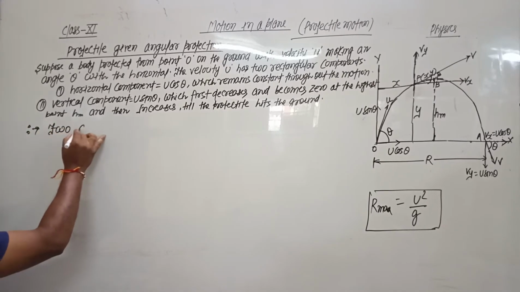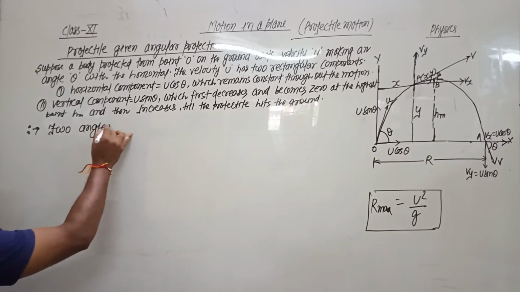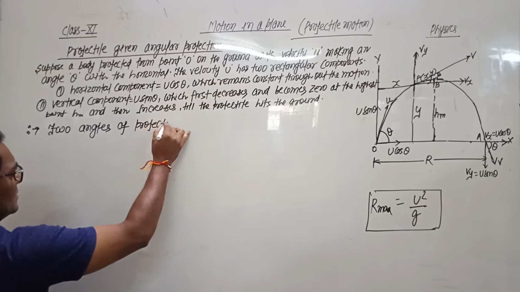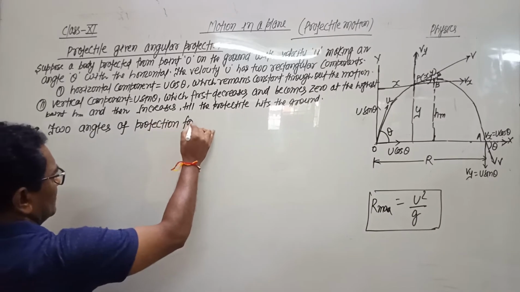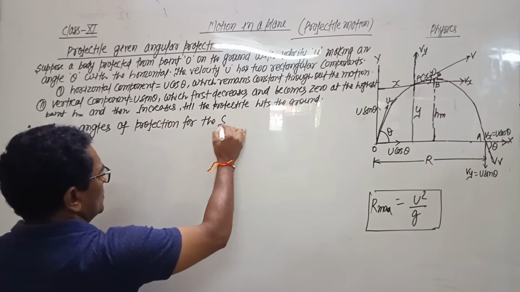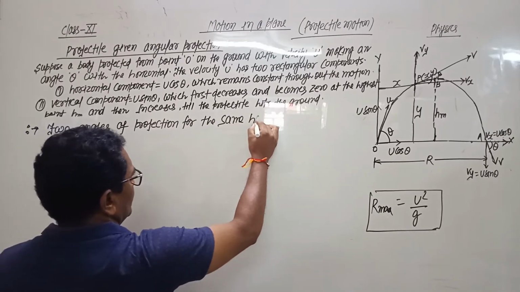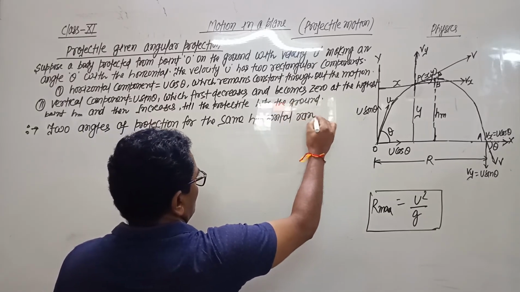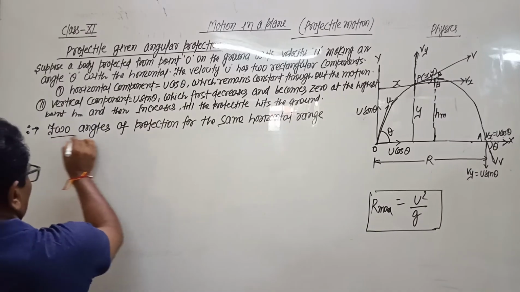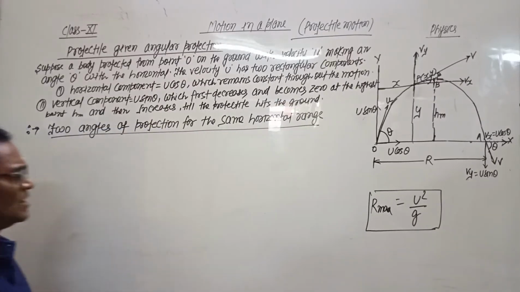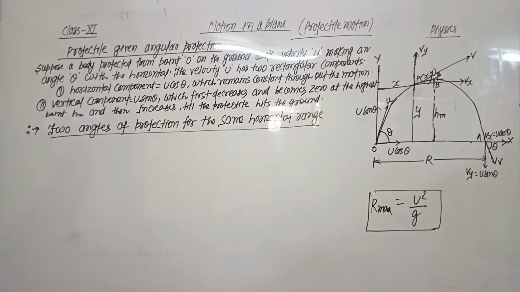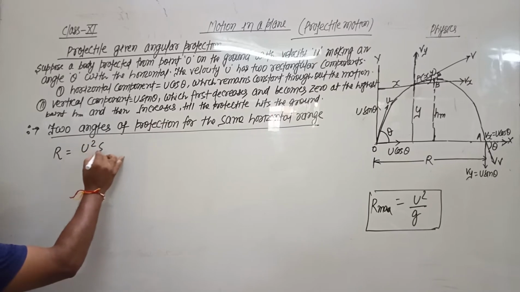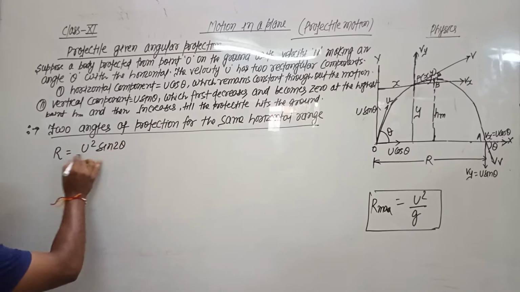So we have just seen the formula for range, R equals u square sin 2 theta upon g.